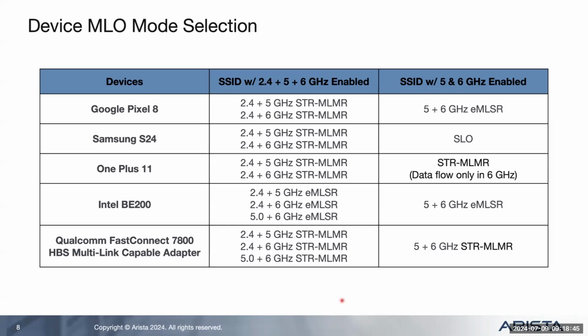But I don't think we have a laptop model which comes with that as the default adapter. Yeah, because to me that sounds like an adapter for a laptop, right? Yes, the Fast Connect 7800 is not a phone. Okay, that makes sense.